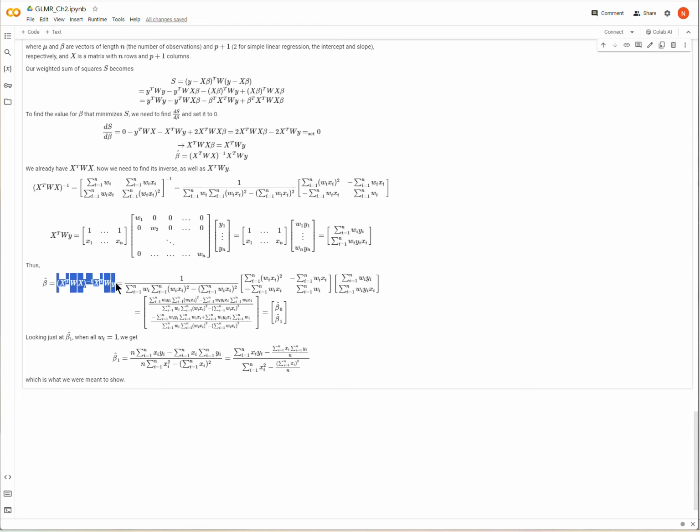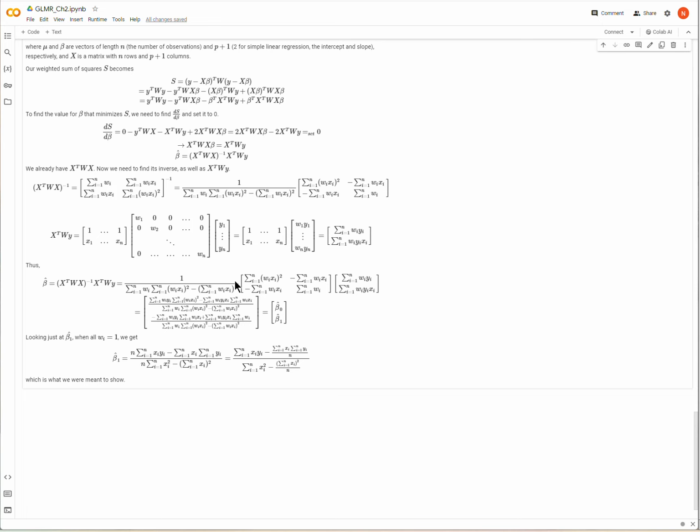Now if I multiply this and this to get beta, which is what beta is, as we already found, I'm going to get this big expression. Everything here plus this factor right here is my X transpose WX inverse, and this is my X transpose WY. I multiply the second matrix by the first matrix.